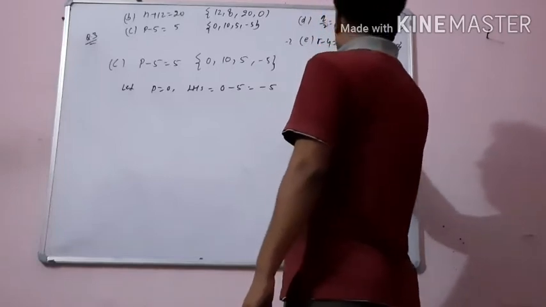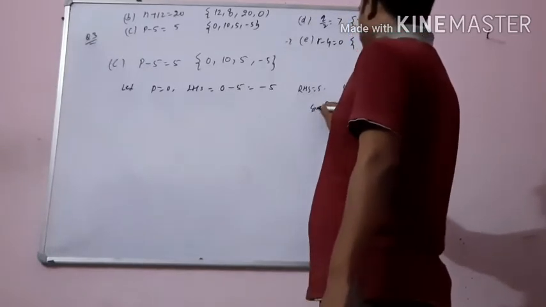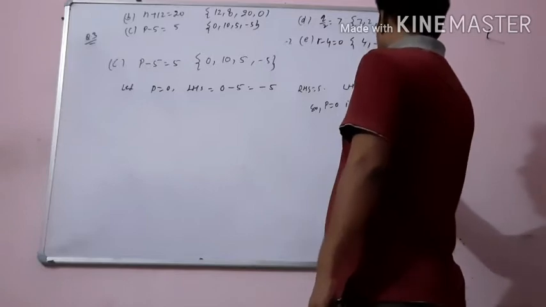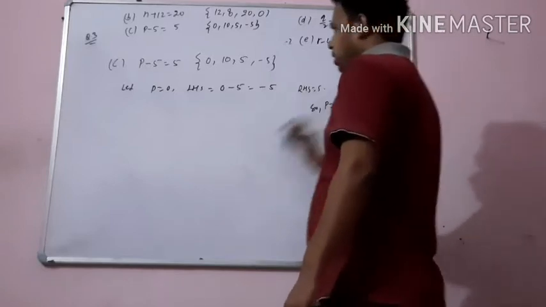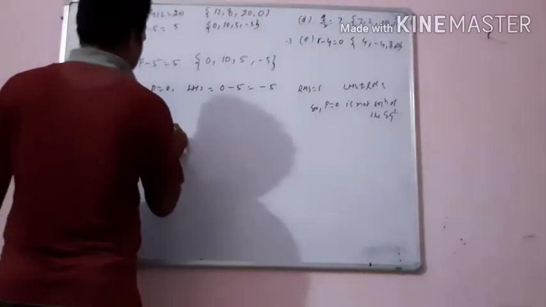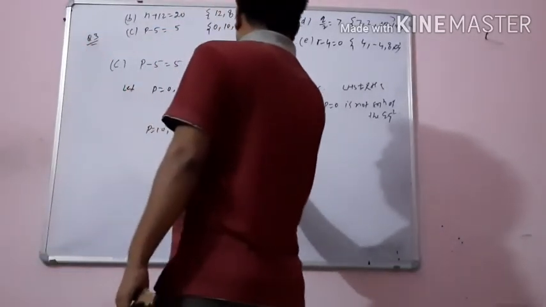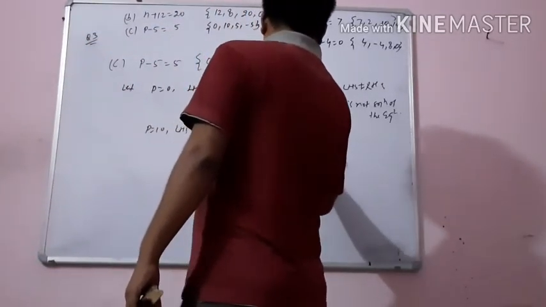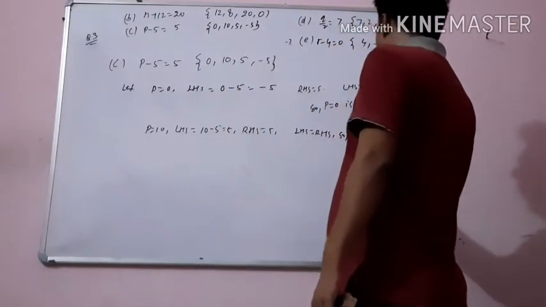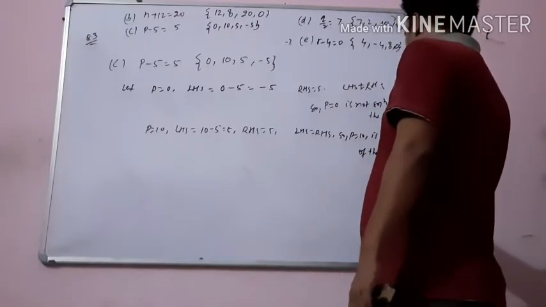So LHS not equals to RHS, so p equals 0 is not a solution of the equation. Now p equals 10, LHS will be 10 minus 5 equals 5, RHS equals 5. So LHS equals RHS, so p equals 10 is a solution of the equation.